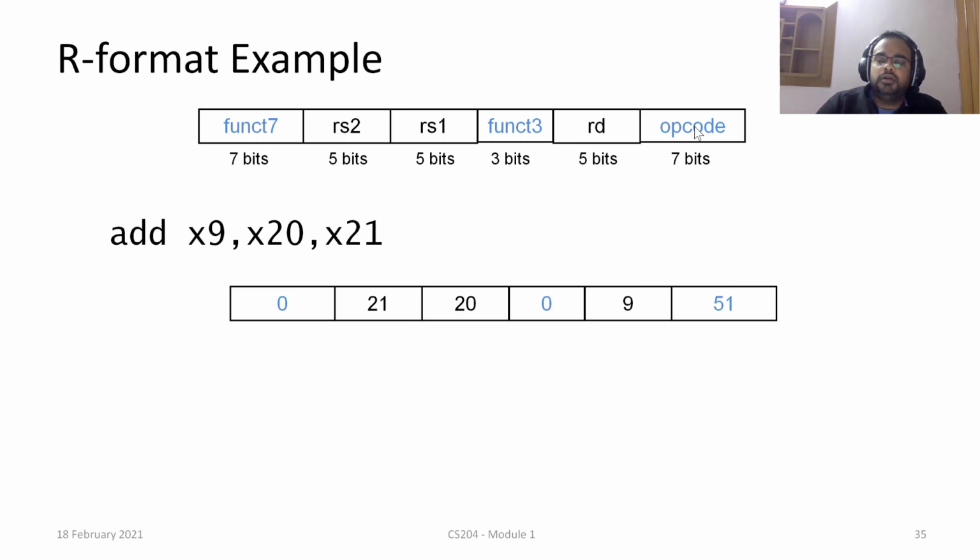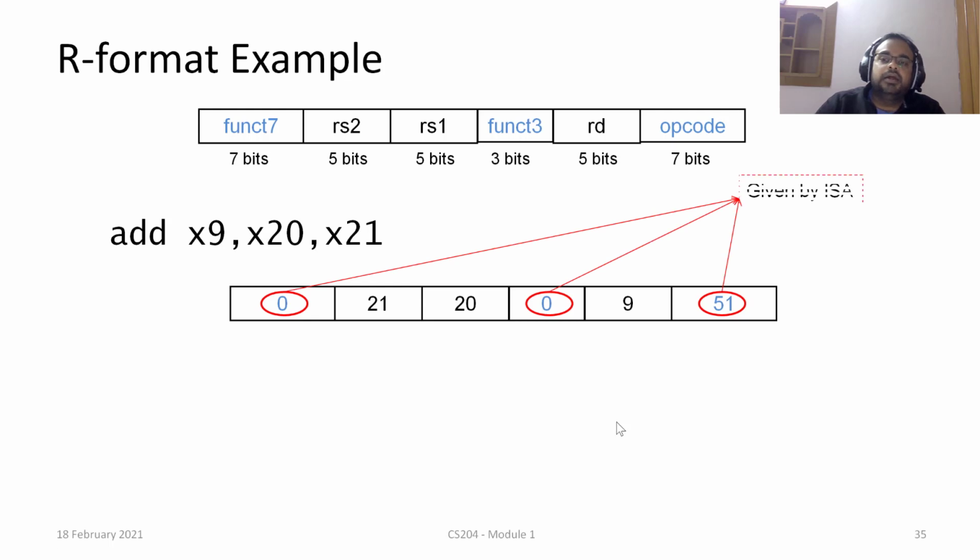The 7 bits of opcode is replaced by value 51, function 3 is replaced by value 0, and function 7 is replaced by value 0. Together this 51, 0 and 0 represents add, and these values will be given by the ISA.